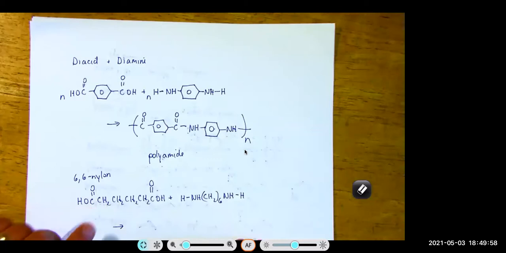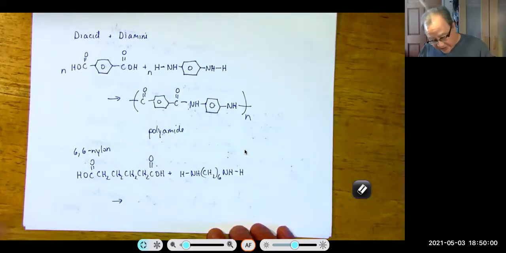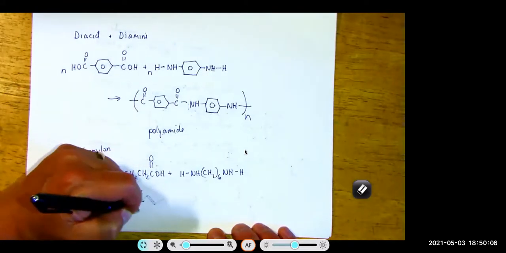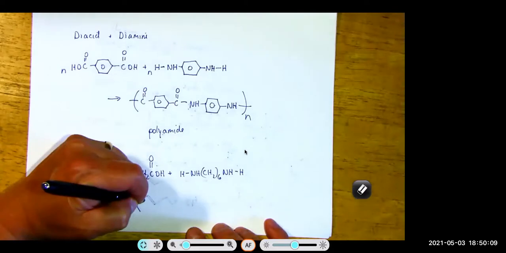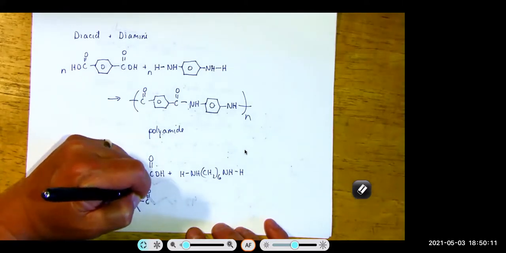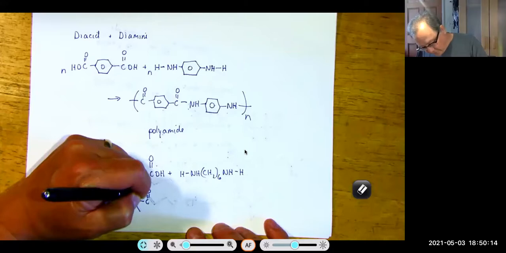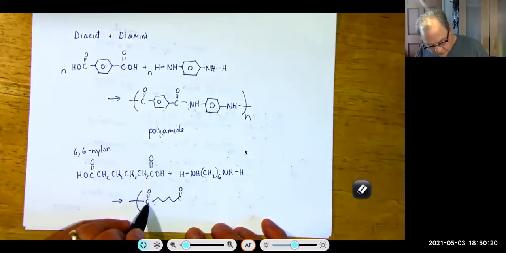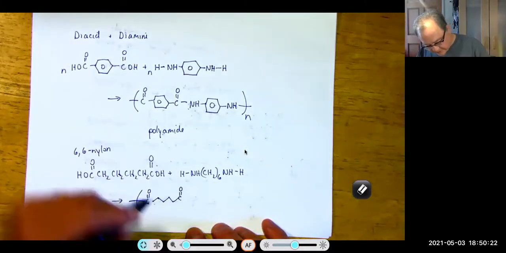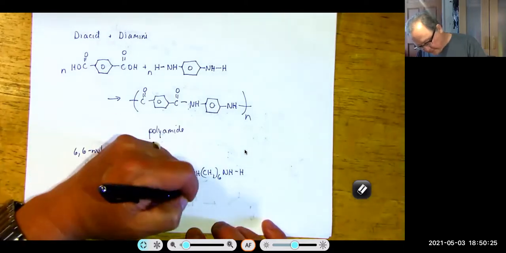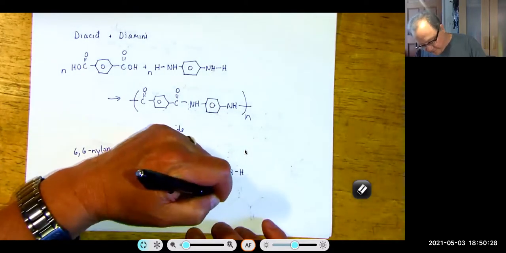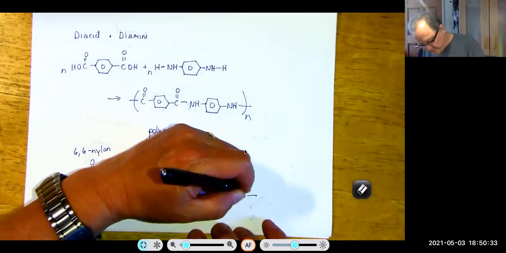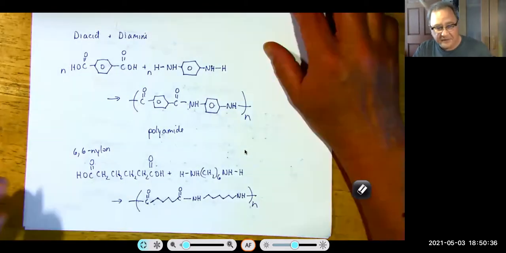Yeah. So that is 6,6 nylon, which is the stuff found in stockings. Okay. I'm going to write this a little bit differently. 1, 2, 3, 4. So here's 1, 2, 3, 4, 5, 6 carbons. 1, 2, 3, 4, 5, 6. So this is 6,6 nylon.